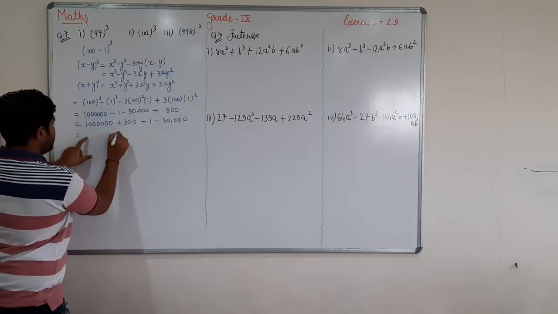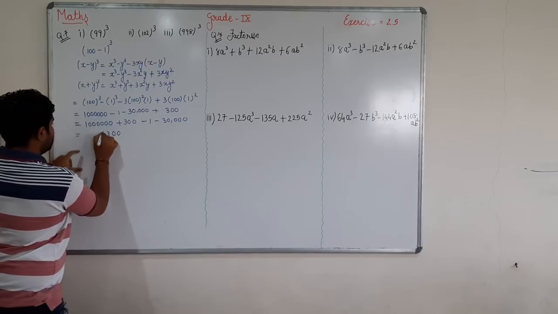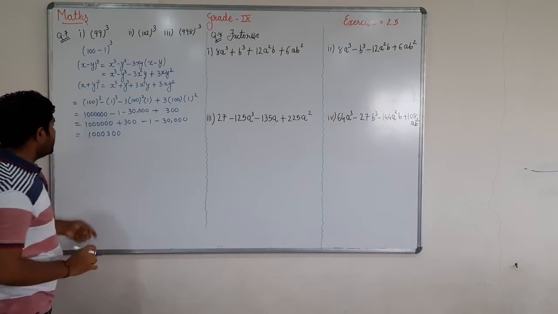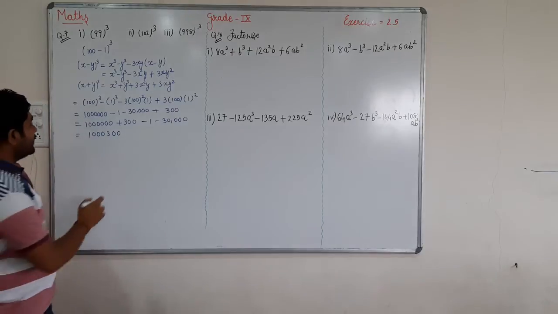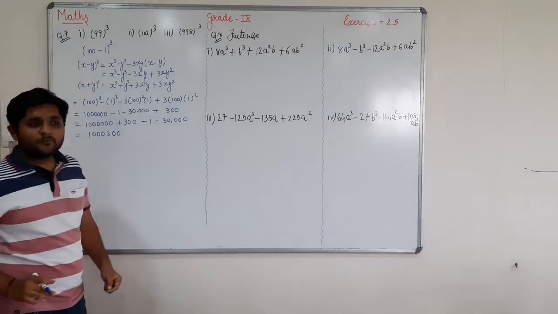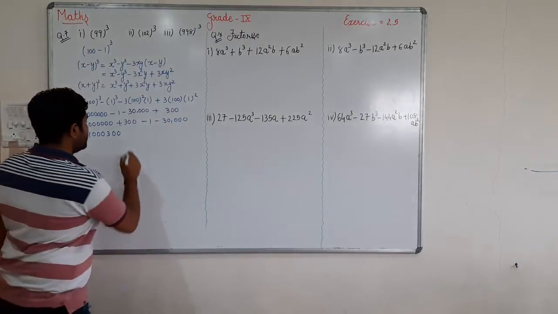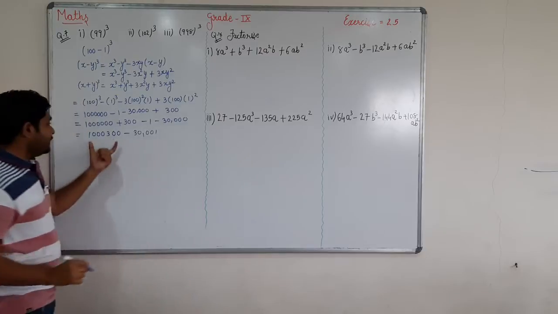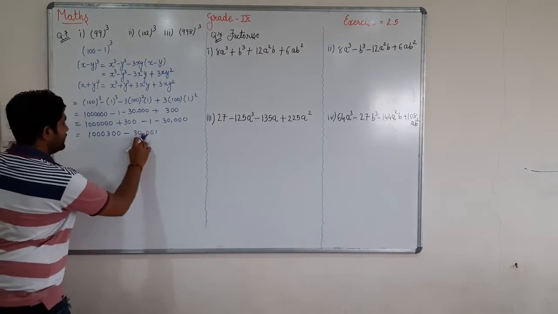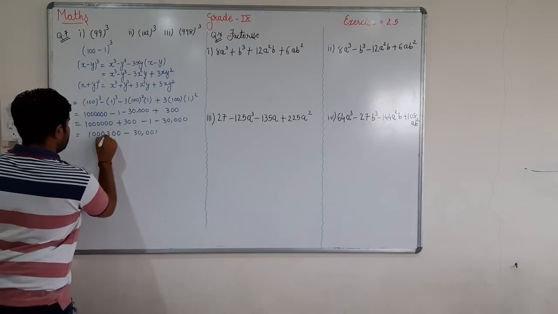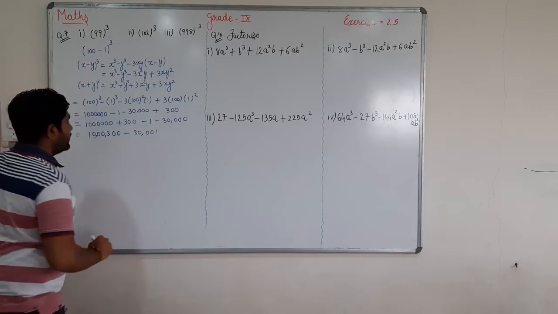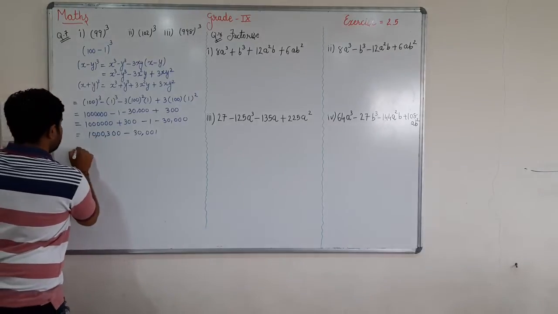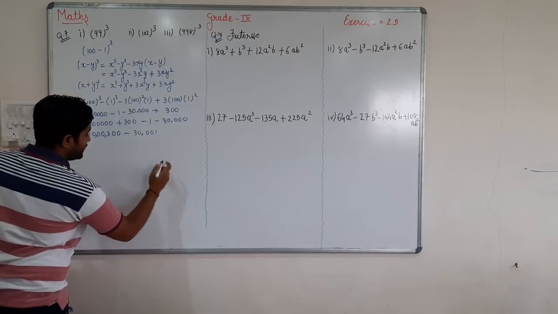So we can write 0, 0, 3, 0, 0, 0, 1. Okay, we can write it like this, and this minus becomes plus. If you add these two, you will get 30,001. Now the subtraction of these both numbers. Let me do the subtraction here.